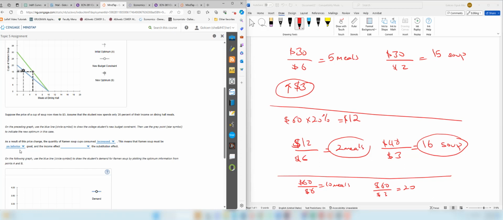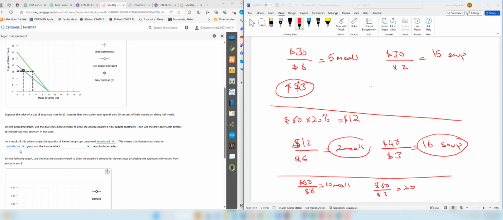So how can we explain that it's an inferior good? First of all, with the increase in price of the ramen noodle soup, your income relatively goes down because now one item is expensive. So as your income goes down, you buy more ramen noodles, okay? For that reason, it should be an inferior good.